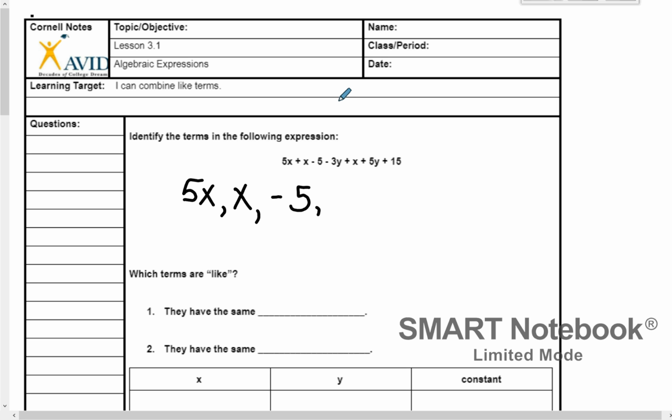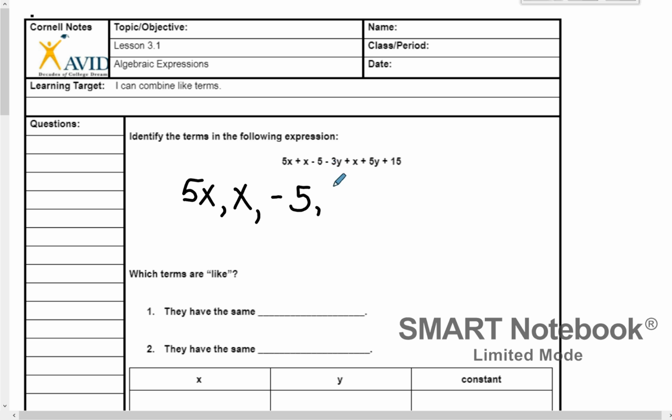But now that this is our second day working with this, I do want to introduce to you that if there's a subtraction sign in front of a number, this is not just a 5, it's a minus 5. Whereas a plus x is the same thing as x. Positive x doesn't need a plus or minus in front of it. Positive x is just x, whereas a minus x is technically a negative. A minus 5 is technically a negative 5, so we need to keep that minus there with it.